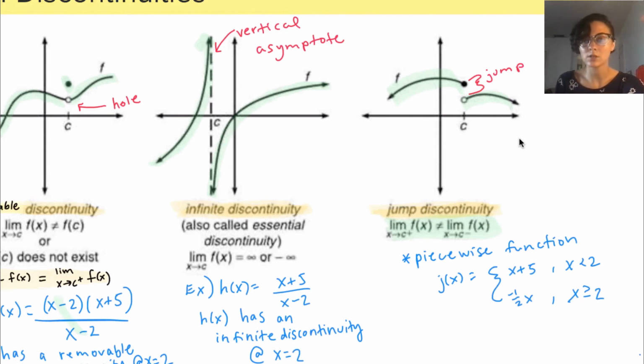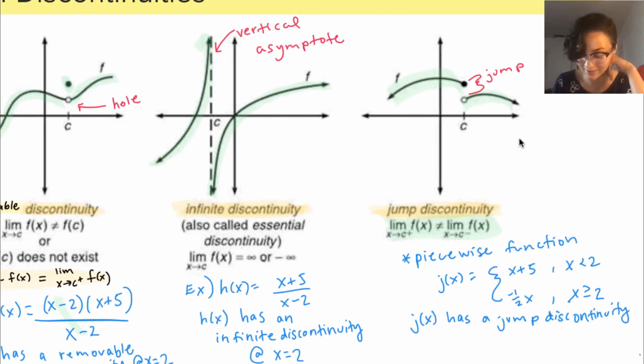You can probably imagine those are two lines that aren't ever going to meet. Some piecewise functions are nice where they touch, and those would be a continuous piecewise function. But these are completely different lines that aren't going to touch each other. So there would be a jump there. So j of x has a jump discontinuity at x equals 2.